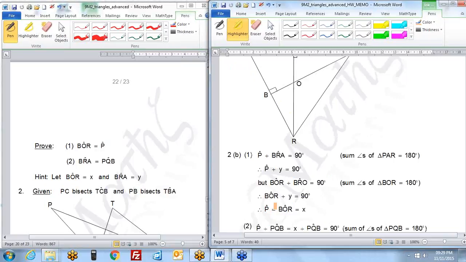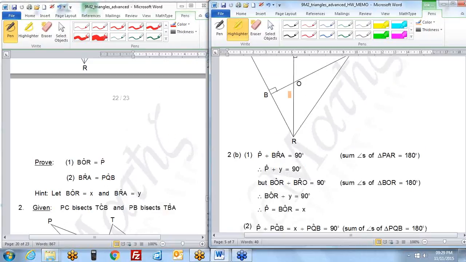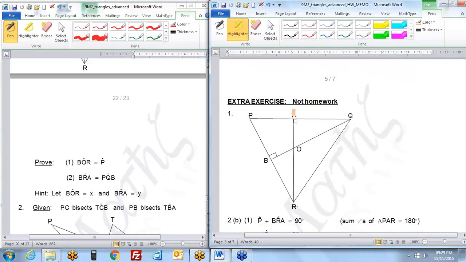Therefore, angle P is equal to angle BOR, which equals X. And then question 2, prove that angle BRA, this angle in other words, is equal to angle PQB.